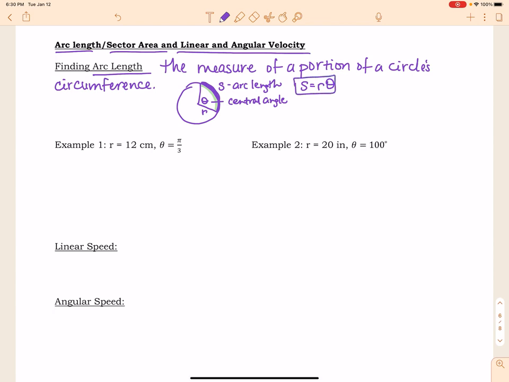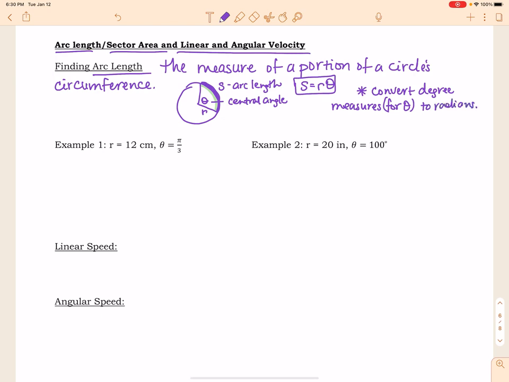Okay? All right, so something that is important about these problems, this will help you. We are going to convert degree measures for theta. Okay, so for that central angle, we are going to convert those to radians.